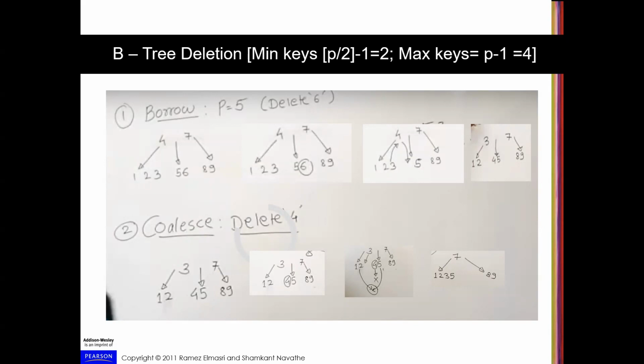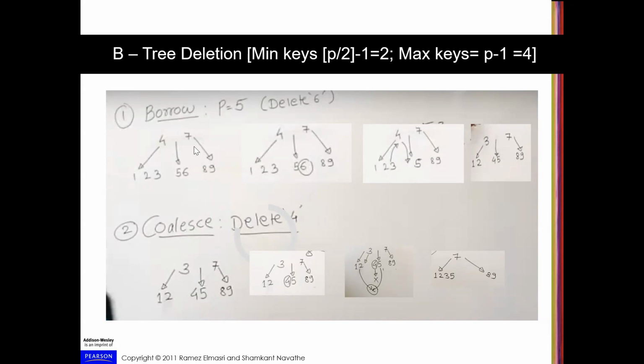Like in insertion, we saw a node split at the leaf node can cause another node split at the internal node when both of these nodes are full. So a recursive deletion can also happen. Deleting a value from the leaf node can propagate another deletion through the internal node adjustments. So the root node adjustments are very important, and we are going to see how to do that.